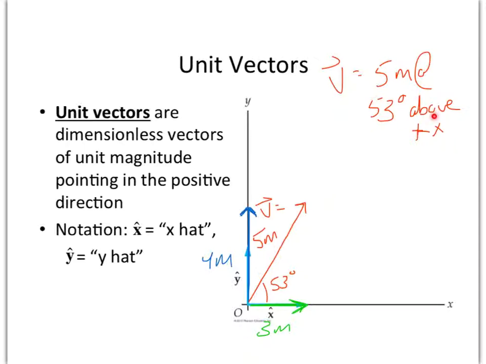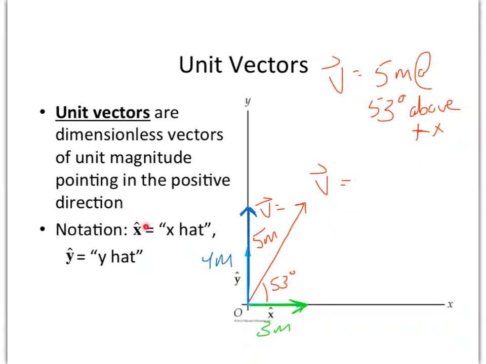But if we were to write it in unit vector notation, it would look like this. The vector v, and here's where we introduce x hat and y hat. These values, the x and the y with that hat looking thing over top of them, we call x hat and y hat just because it's easier. There actually is a technical name for these, but I think everybody, including students, is more comfortable with x hat and y hat.